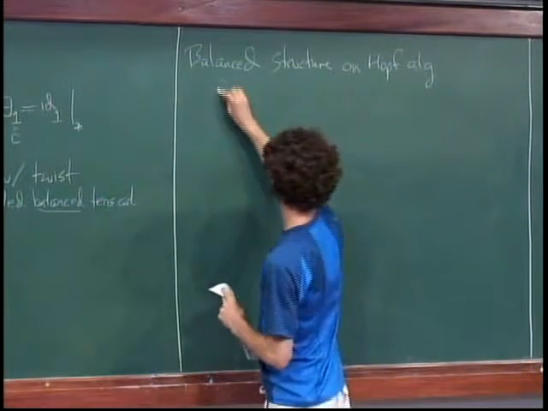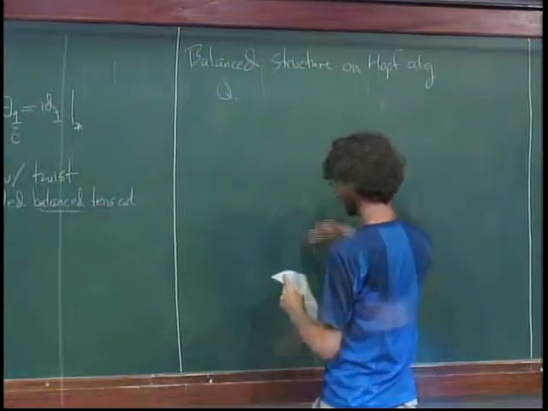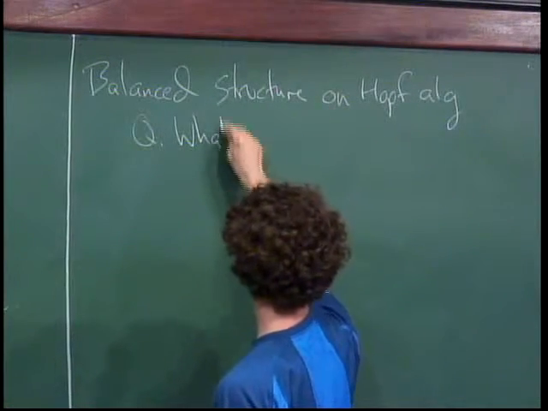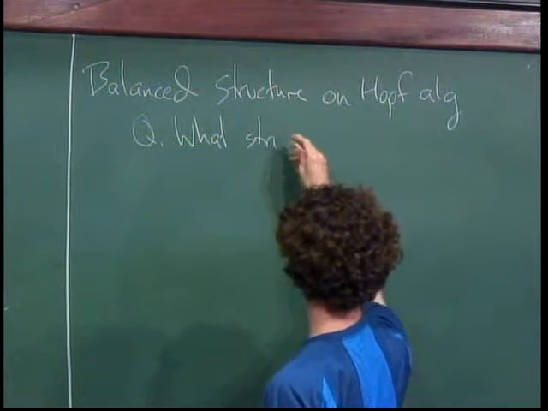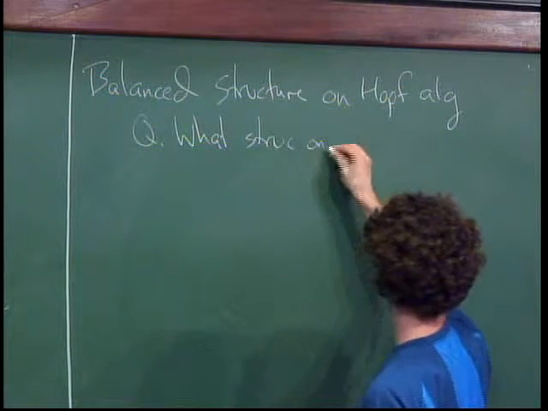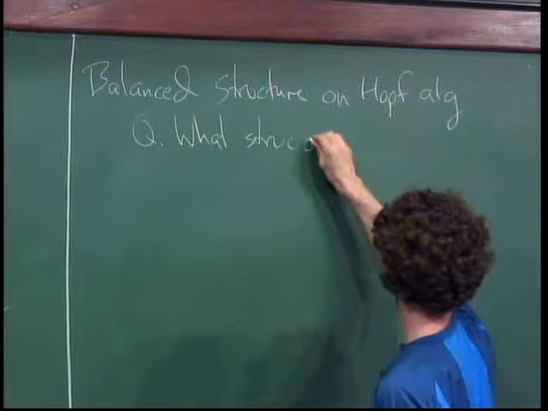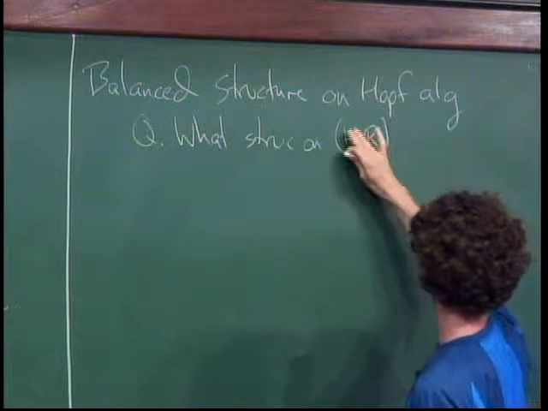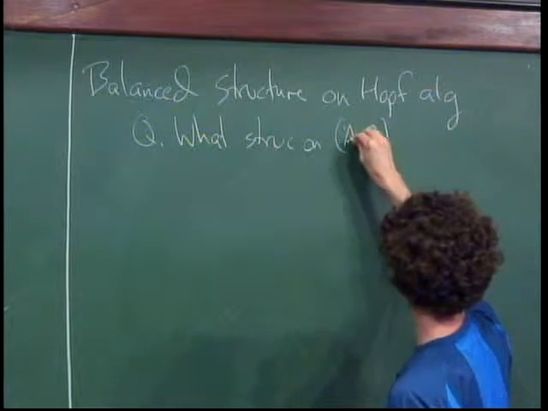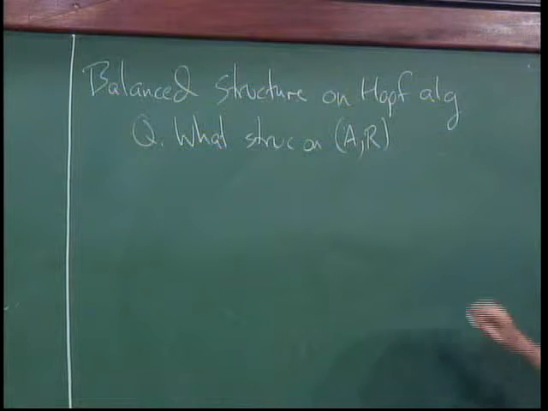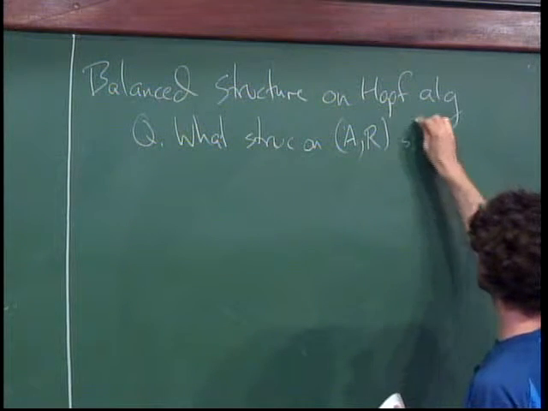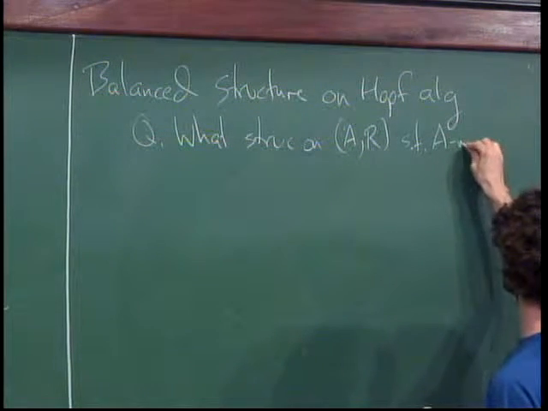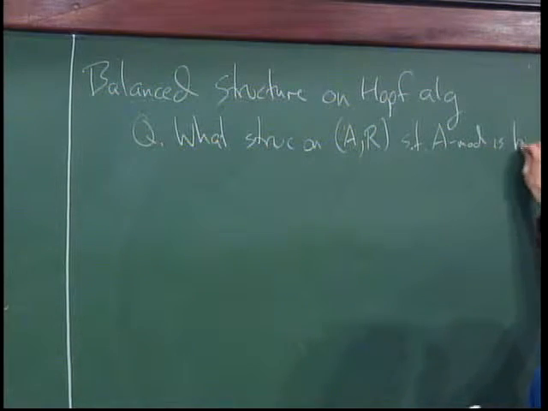And so just to write down what I just said aloud, we're asking what structure do I need on some braided, I guess we've been calling it A, some braided Hopf algebra (A, R), such that A-mod is balanced.